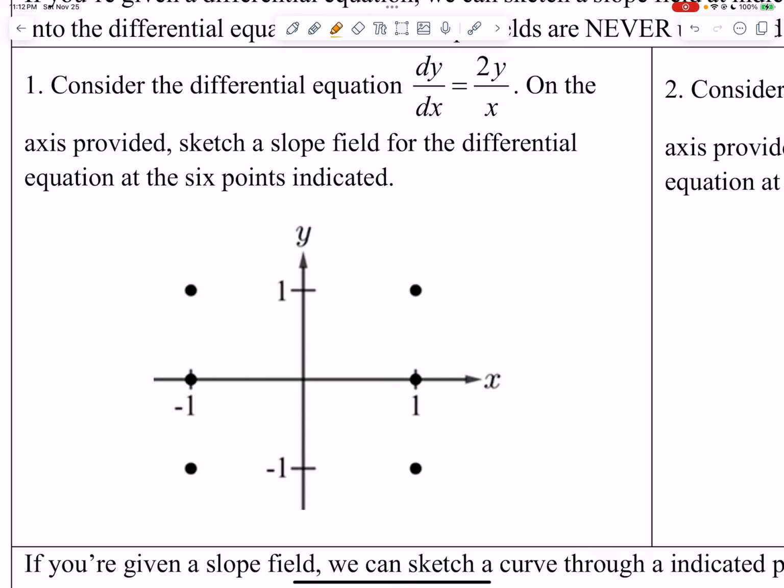And what we are going to be doing is substituting in x and y based off of what I have right here. So here, if I were to let x be 1 and y be 0, you'll notice that if y is 0, I'm going to get 2 times 0 over 1, which is just going to be 0 over 1, which means that my slope here is going to be 0.